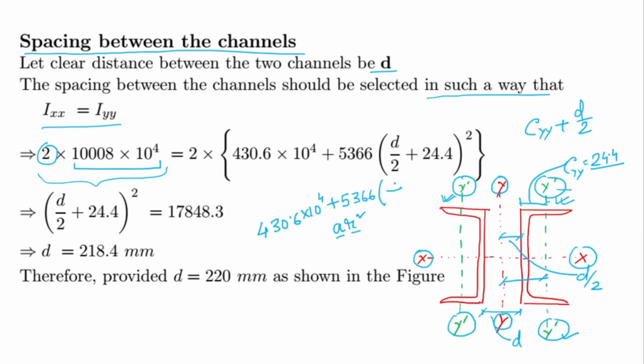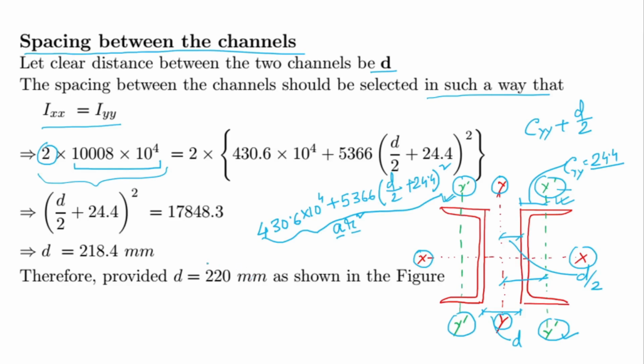So it will be (d/2 + 24.4)². This will give us the value of Iyy of a single channel about the YY axis of the whole column.